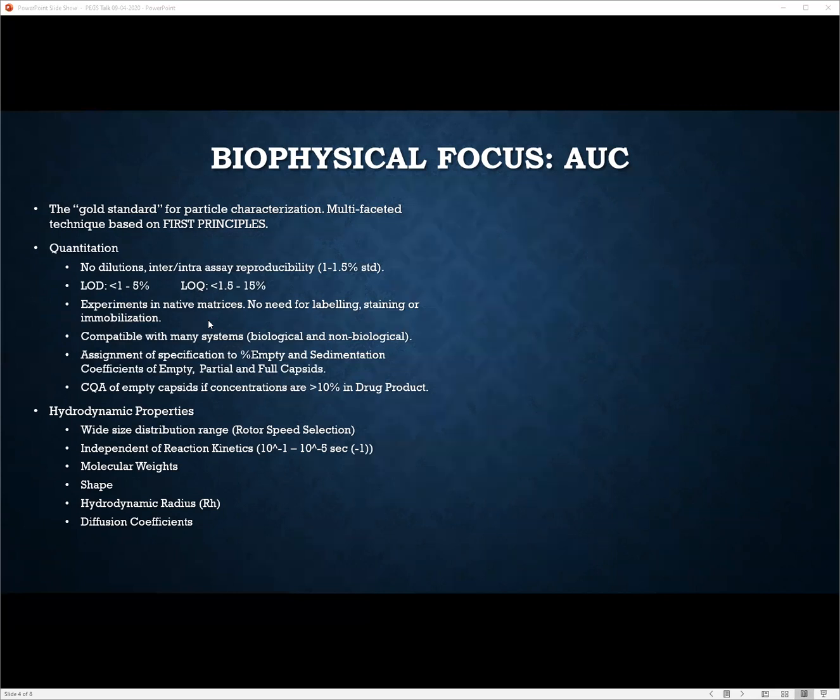You can get a good idea of your molecular weight in certain systems, the shape of the system, your hydrodynamic radius, which is very complementary to the DLS data analyses, and you can, in certain cases, calculate your diffusion coefficients. Usually, AAVs are about 1.8 Fick, which is pretty consistent between DLS and the AUC.